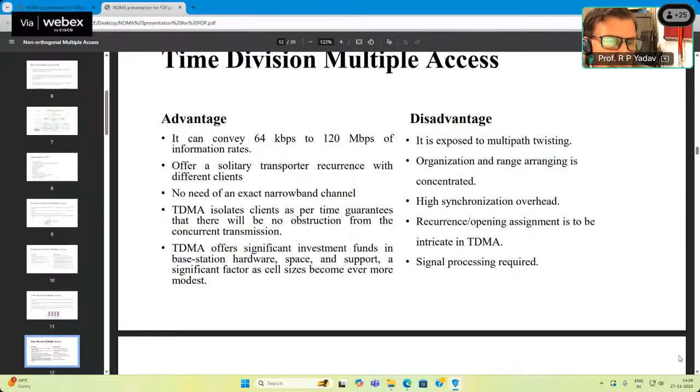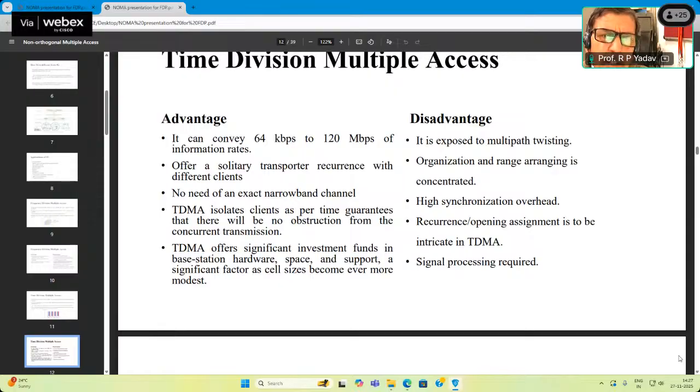TDMA offers significant savings in base station hardware. Space and support are significant factors, and cell size becomes ever smaller. In fact, over the years this technology, TDMA, has almost stabilized across the world, and for the last 50, 60 years it has been widely used all across the world. Some of the disadvantages: it is exposed to multipath fading.